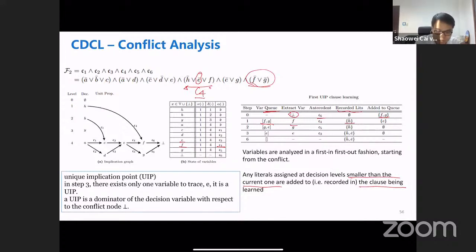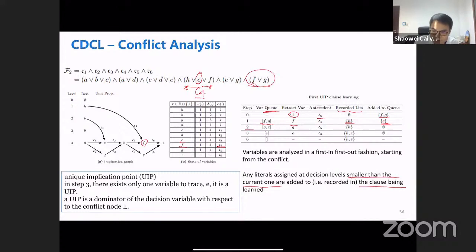When we go to F, we find the clause, and in the clause, any literal assigned at levels smaller than the current variable, we add it into the clause being learned. For E, it is not recorded. Instead, it must be analyzed, so we add it to the analyzing Q.